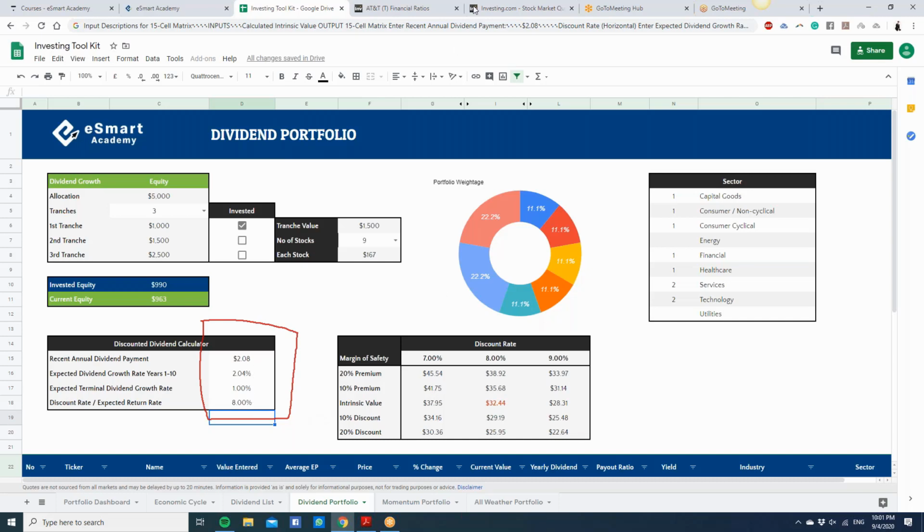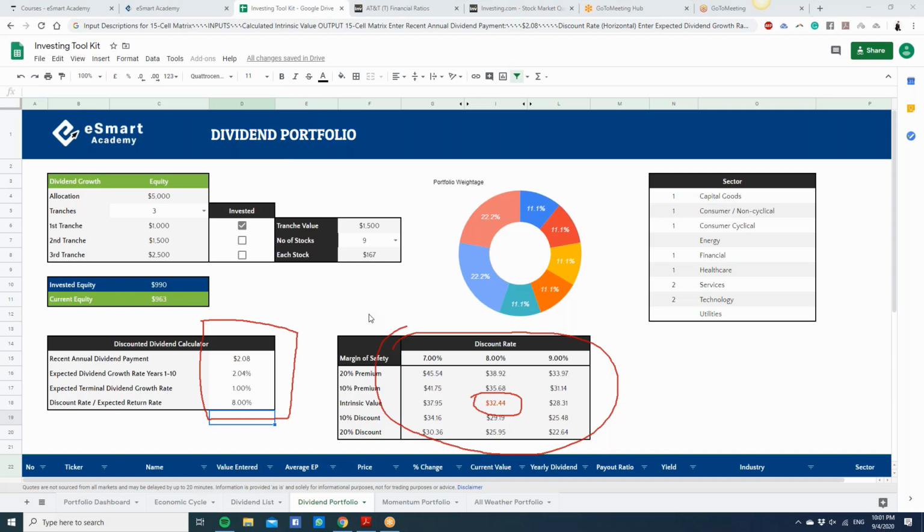So if I key this in, you realize that everything here is automated. This is where the intrinsic value is based on this valuation model. The calculation tells us the intrinsic value is $32.44. What this means is that if the price of AT&T today is trading at $32.44, it's fair value, meaning it's normal.